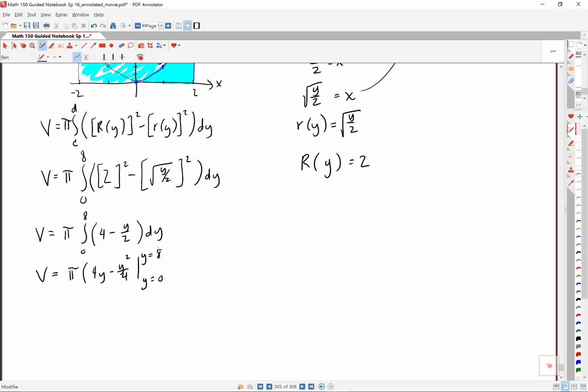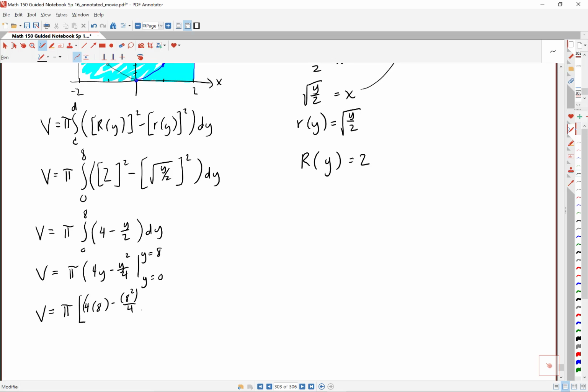So we'll get the volume is pi times 4 times 8 minus 8 squared over 4. And then do you see the lower limit of integration is just going to end up being 0? Good.